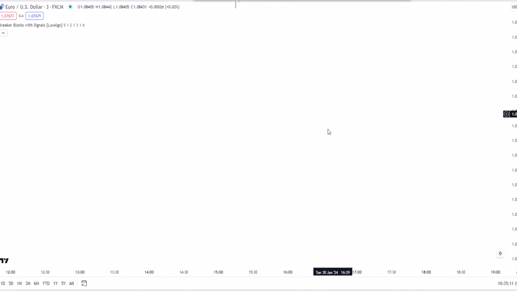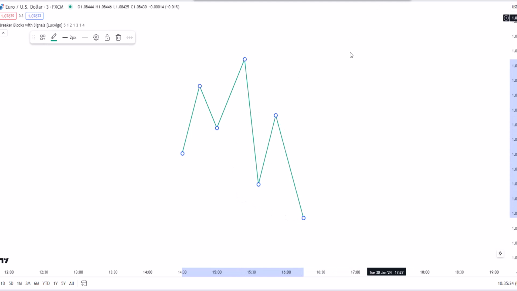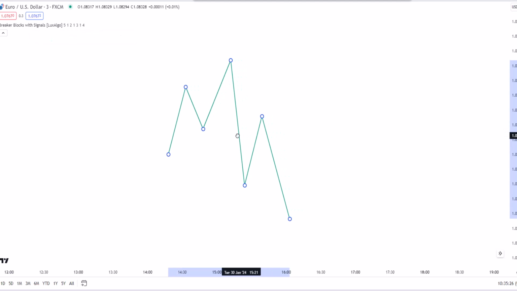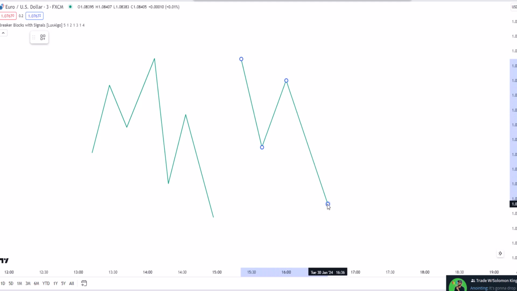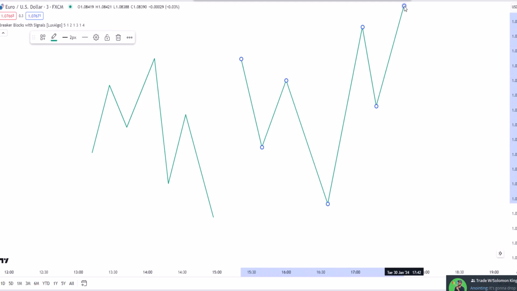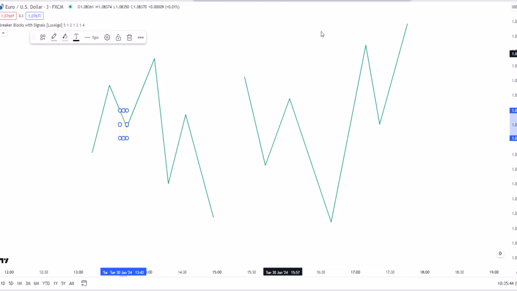A breaker block is simply this type of pattern movement. If you see price action like this, and price decides to fall down to that area, it creates this exact pattern. Or you can have something like this. Just like an order block, a breaker block has a bullish breaker block and a bearish breaker block, and the name is derived from the kind of price action that follows the pattern.